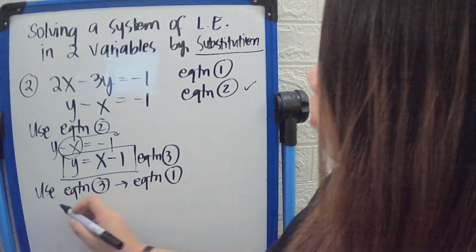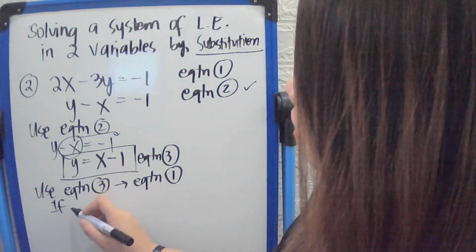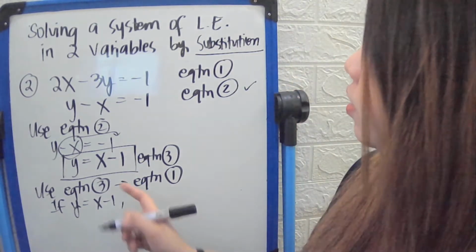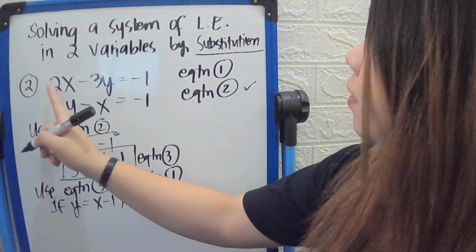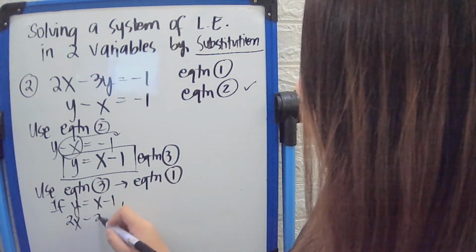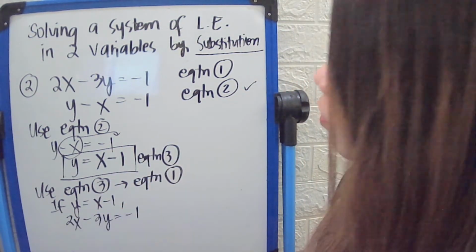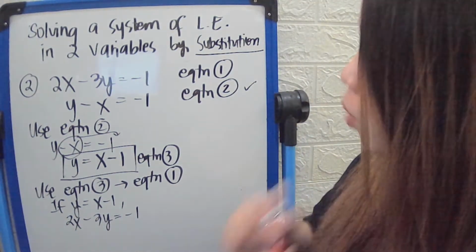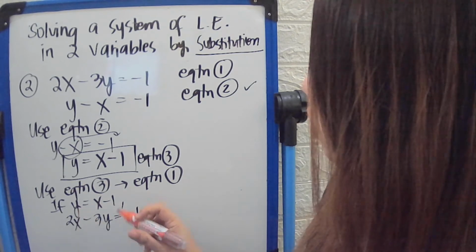Okay, so ang equation number 3 natin ay ito. If your y is equal to x minus 1, so ang equation 1 natin ay ito. 2x minus 3y is equal to negative 1. So, ang gagawin natin dyan, ang papalitan natin ay si y, kasi yun yung nasa if mo.